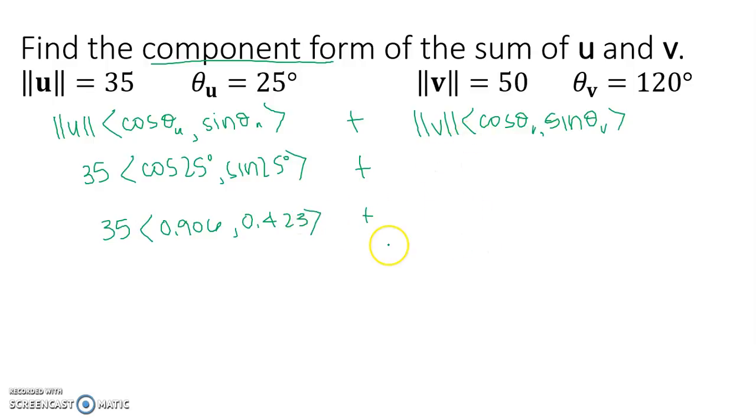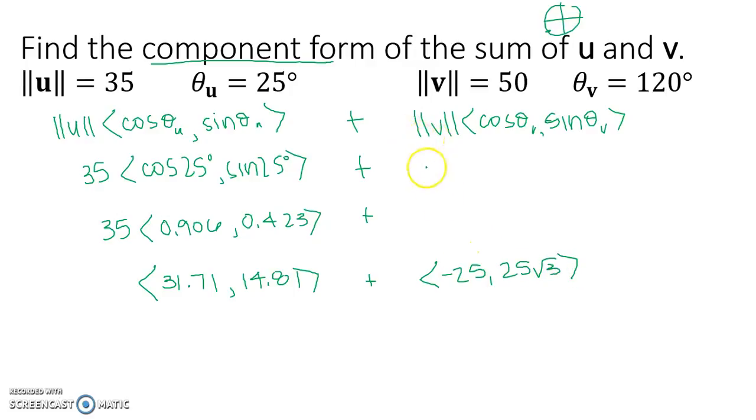Work on v. I'll add it up here in a minute. Once I've actually done the cosine and the sine, I can distribute that 35. So for vector u, that component form is actually 14.81. For vector v, you should have gotten negative 25 and 25 radical 3.